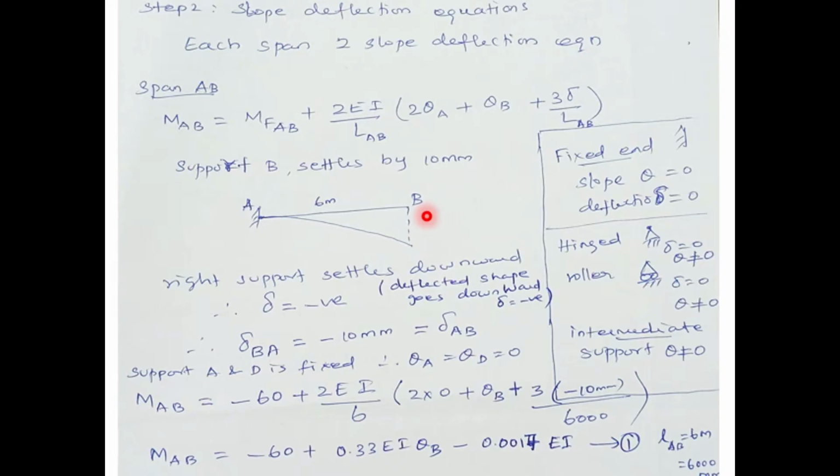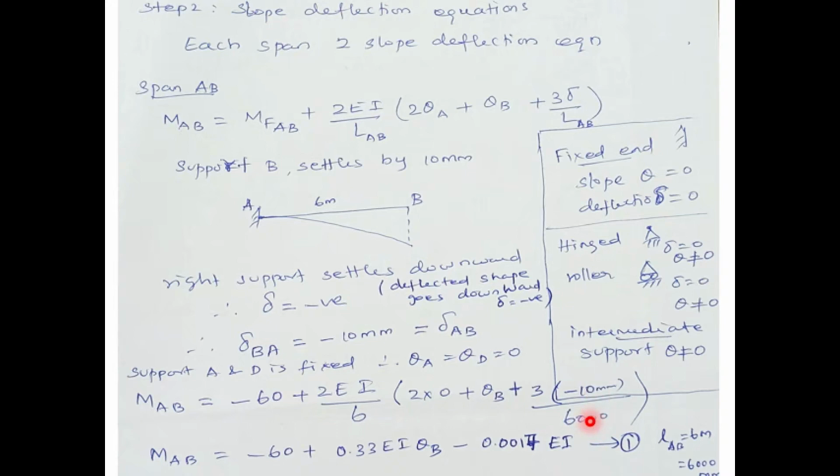So now M of AB is minus 60 kilonewton meter plus 2EI by L. L value is 6 meter, into 2 times theta A. Theta A value is 0, plus theta B, plus 3 delta by L. Delta value is minus 10 mm. So substitute here, divided by L. L is 6 meter, but delta is in terms of mm and L is in terms of meters.